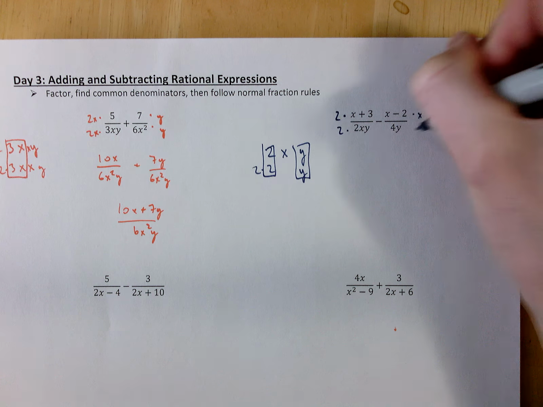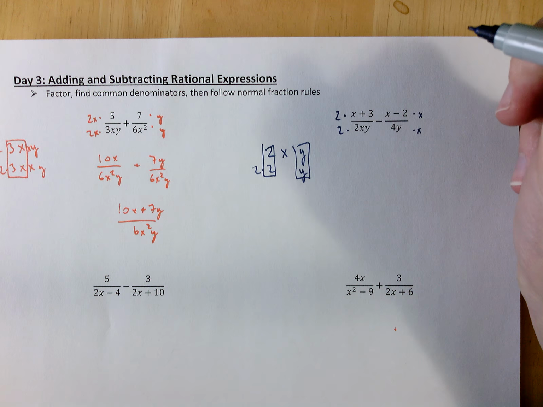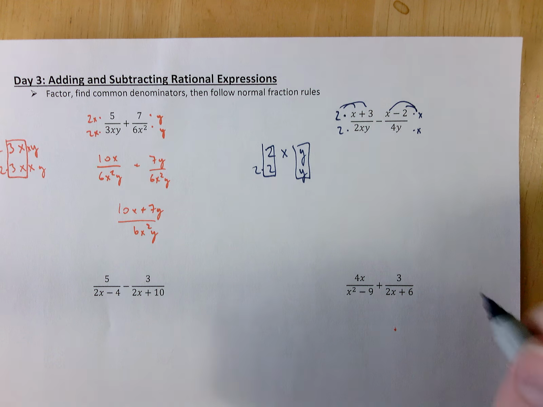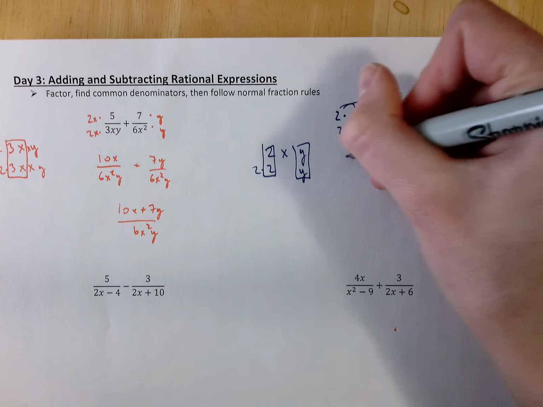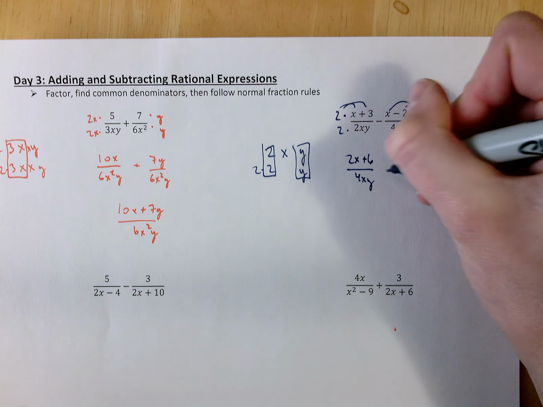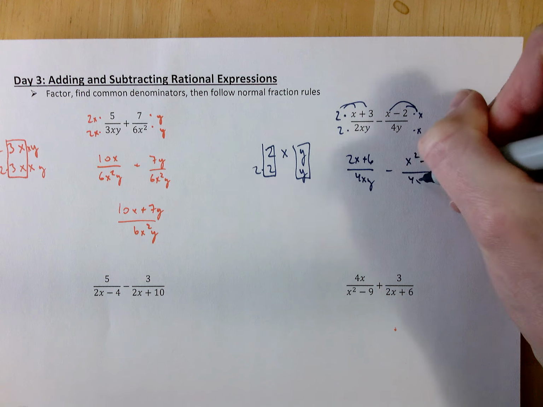The second one needs an x to make it be the same. Okay, and when we multiply these, you have to make sure you use the distributive property. So I'm going to distribute that 2, and I'm going to distribute the x, since we're multiplying two quantities. So that's 2x plus 6 over 4xy, and then minus x squared minus 2x over 4xy.